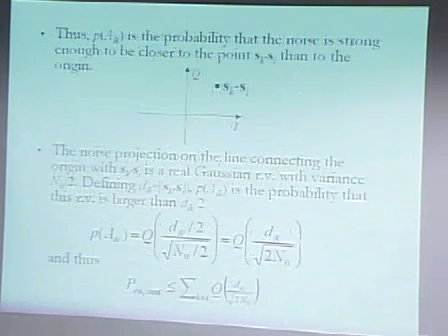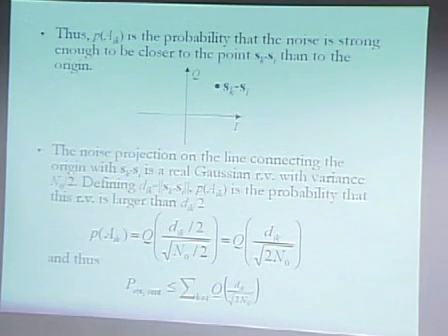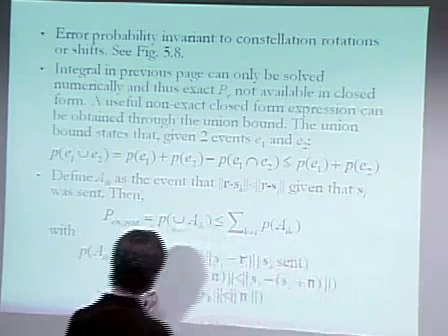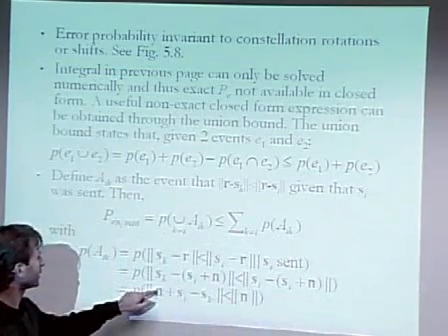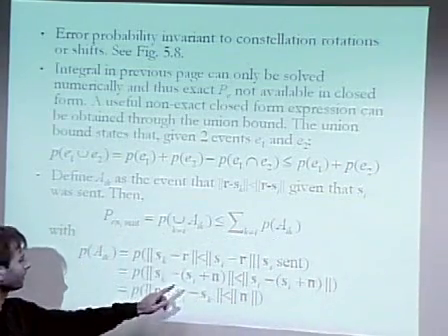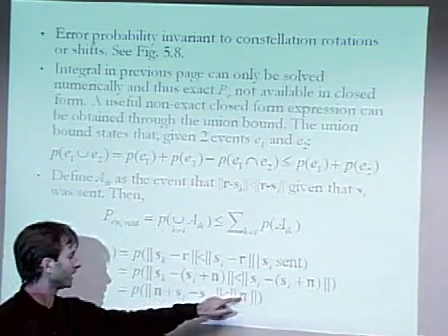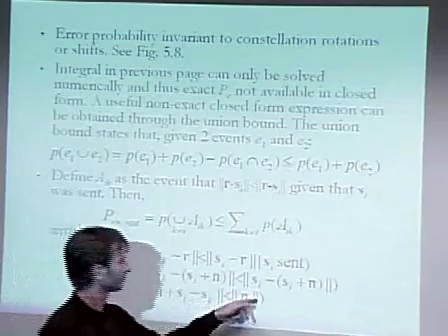So let's look at this carefully. We have that the probability of A sub ik equals the probability that the noise is strong enough to be closer to the point sk minus si than to the origin, right? Remember, this is the distance between the noise and sk minus si. This is the distance between the noise and the origin, okay? Because we can just say that this is the norm of n minus 0.